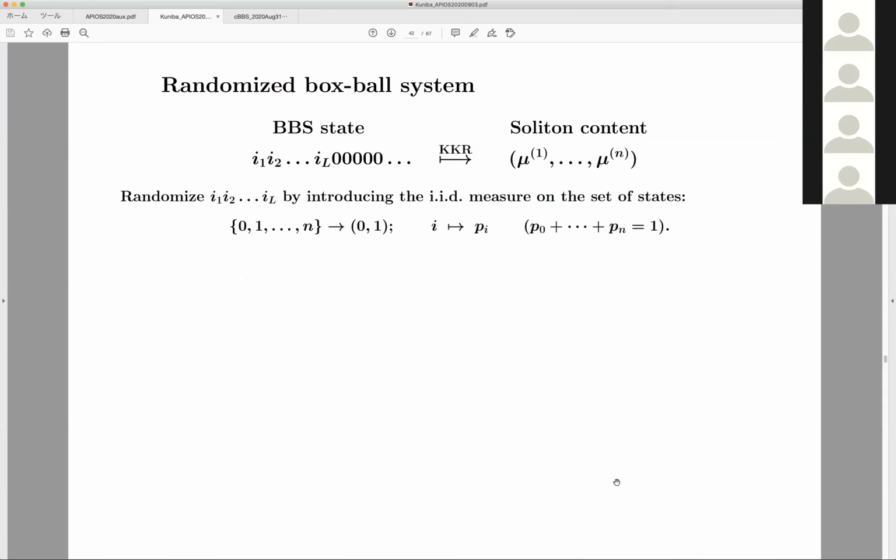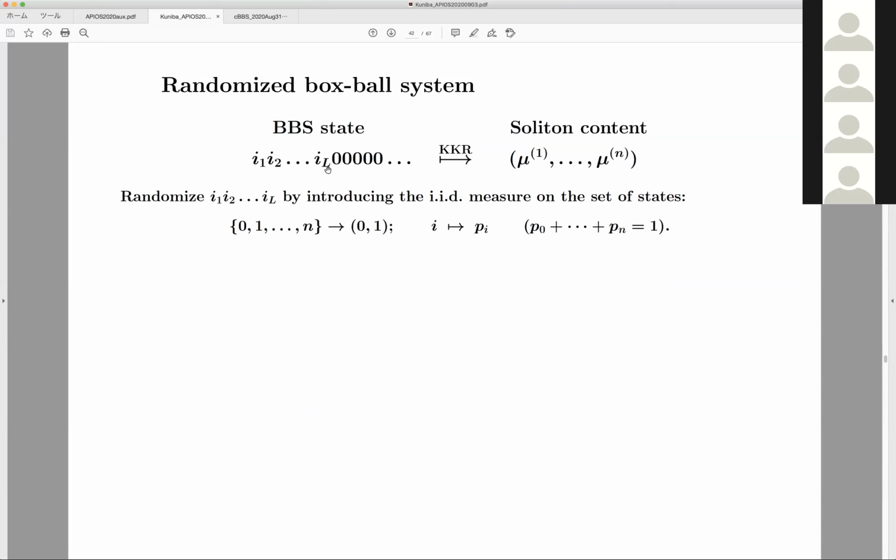So, randomized box-ball system. Recall that we have BBS states like this, and we can apply the KKR bijection to get the soliton content, the conserved Young diagrams. And now I randomize these BBS states by introducing the identical and independent measure on each site, like this.